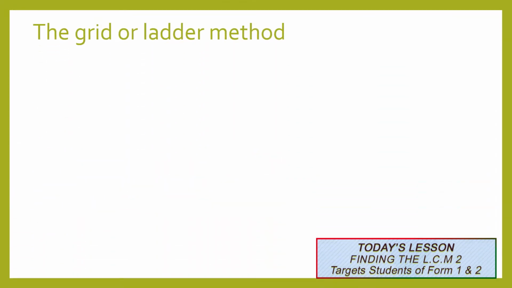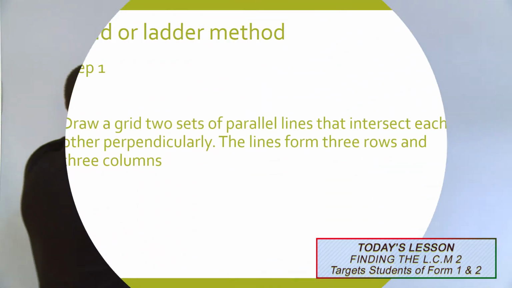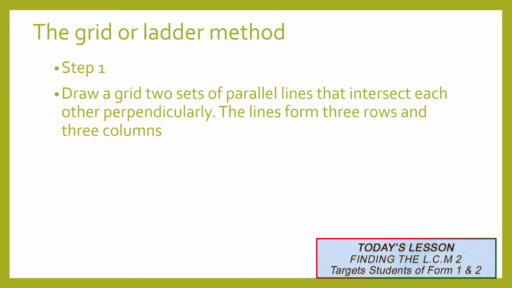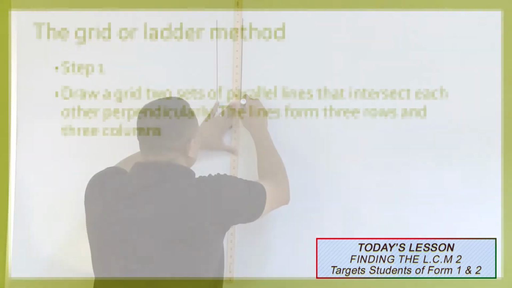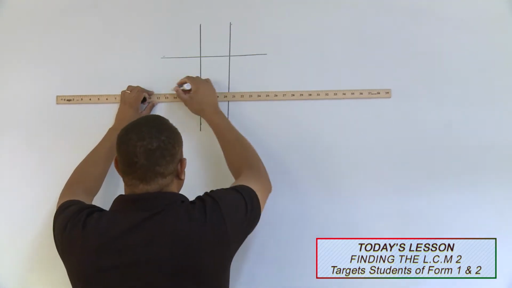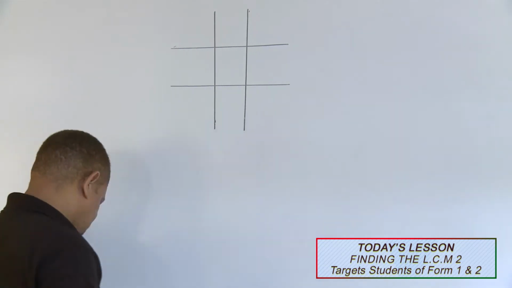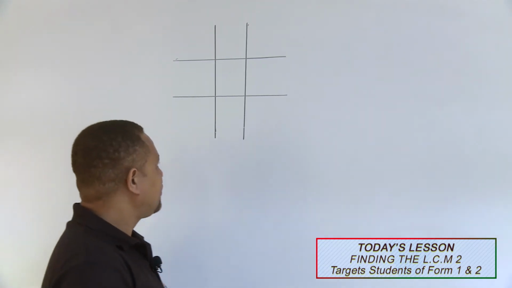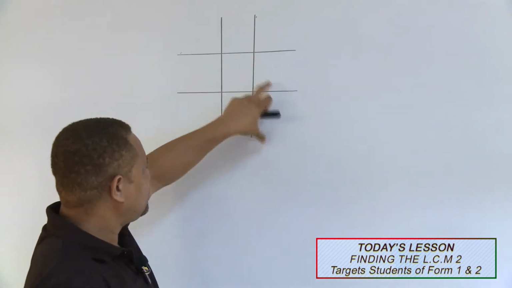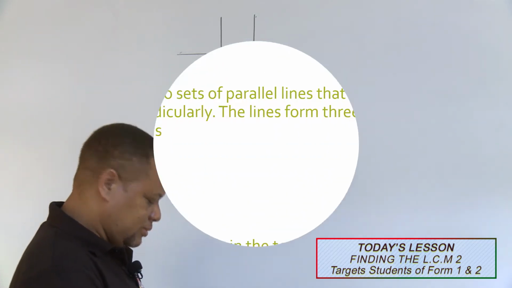For the grid or ladder method, step one, I'm going to draw a grid looking somewhat like a tic-tac-toe. So 2 lines down. So we have 3 columns and 3 rows.